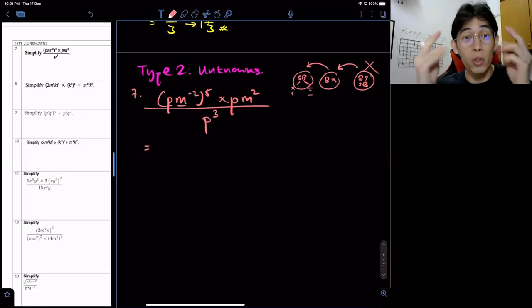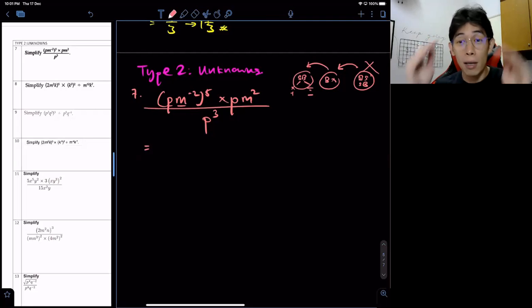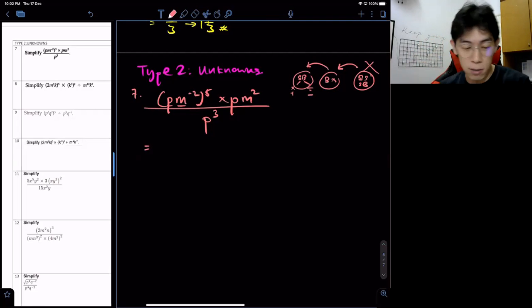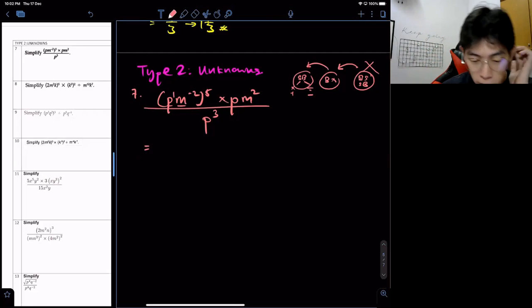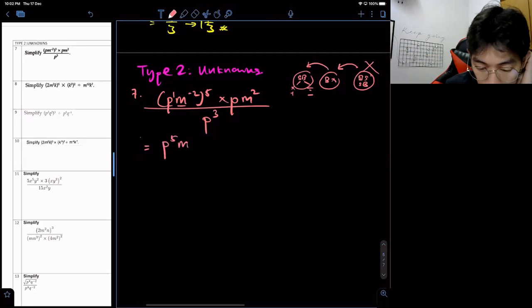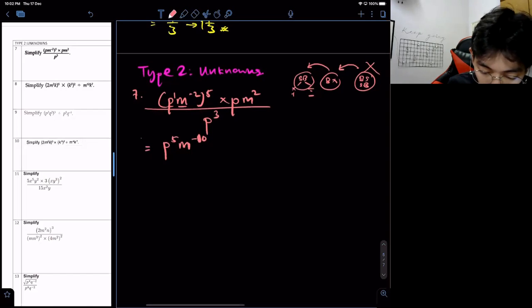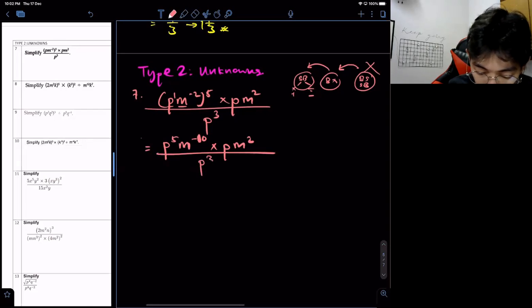This one, you get 2 bases. Every base there is an index, right? So I put a 1 there. Bracket is to times, so P5 and negative 10. And then times with PM squared over P3.